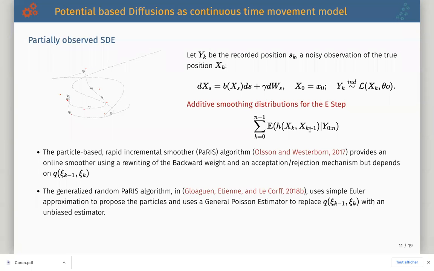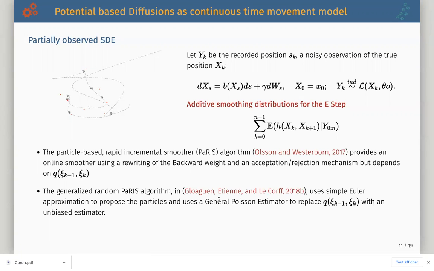And doing so, you have a very clever algorithm proposed by Olsson and Westerborn in 2010, which proposed to make the estimation with just one forward pass, and the backward pass you are supposed to do is made online at the same time as the forward pass. It's a very nice and clever idea, and it's very efficient, except that you have to know the transition between two successive particles.